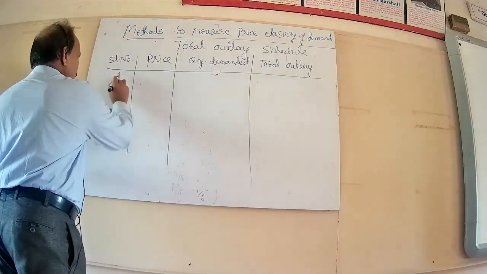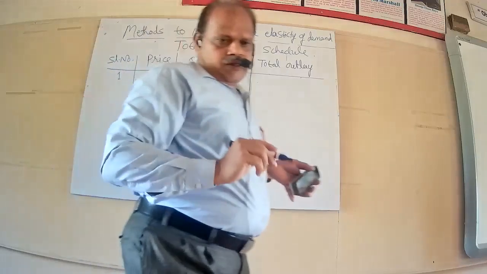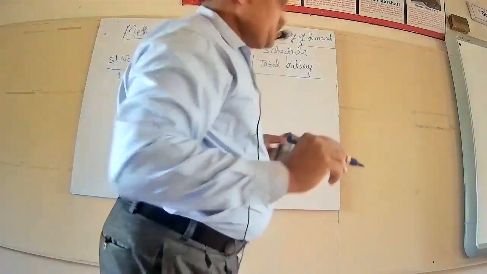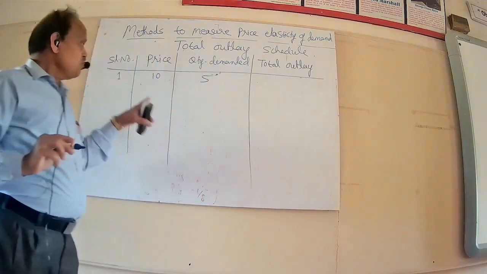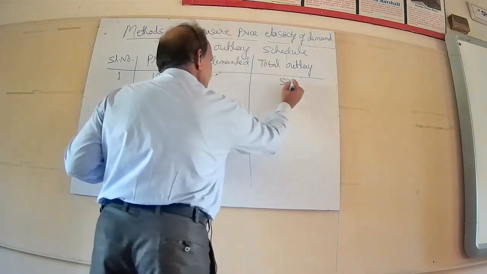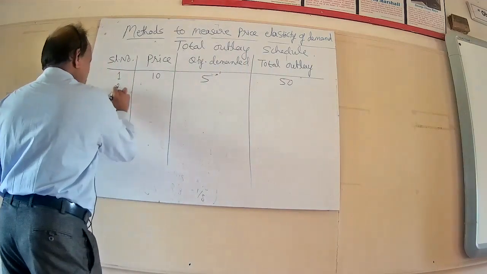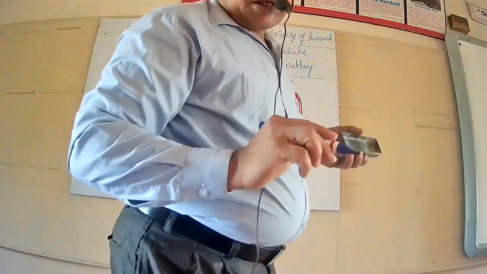Serial number 1, when price was ₹10, the quantity demanded was 5 units or 5 kg. Then total outlay made on that commodity will be 50 rupees. Serial number 2, when price of a commodity falls, the quantity demanded should extend.